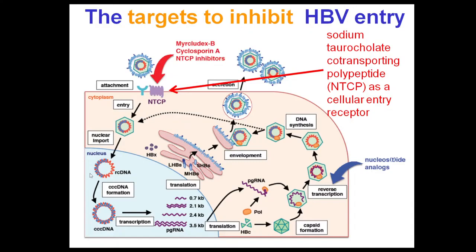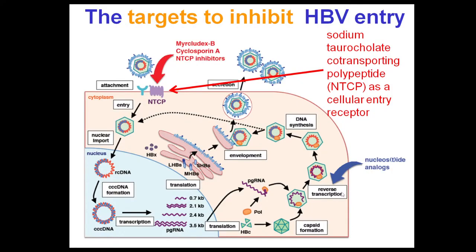Then nucleotide analogs can be used to stop the reverse transcription, and that is also one of the possible ways to stop the viral replication in the infected cell.